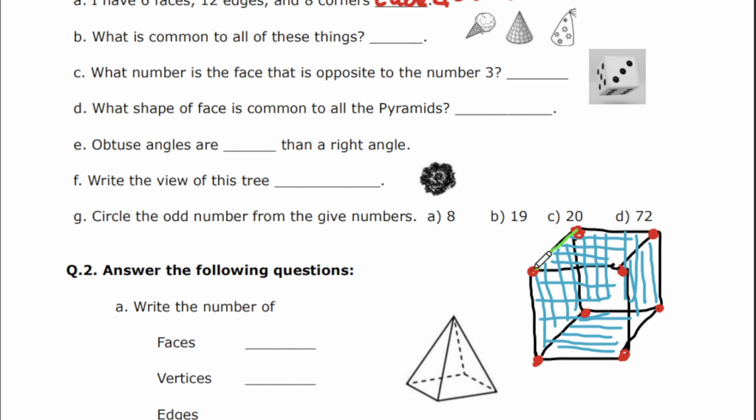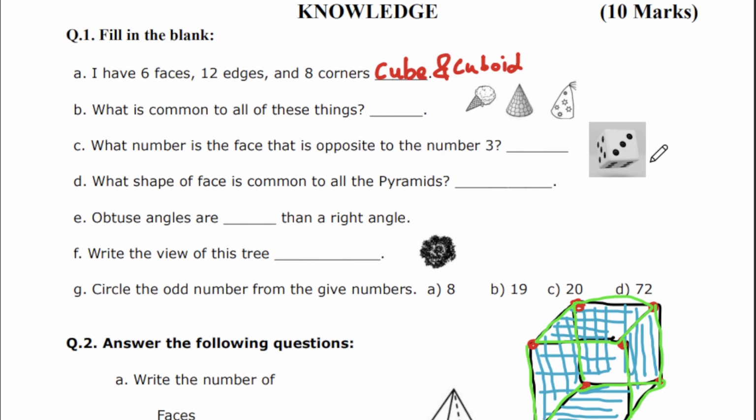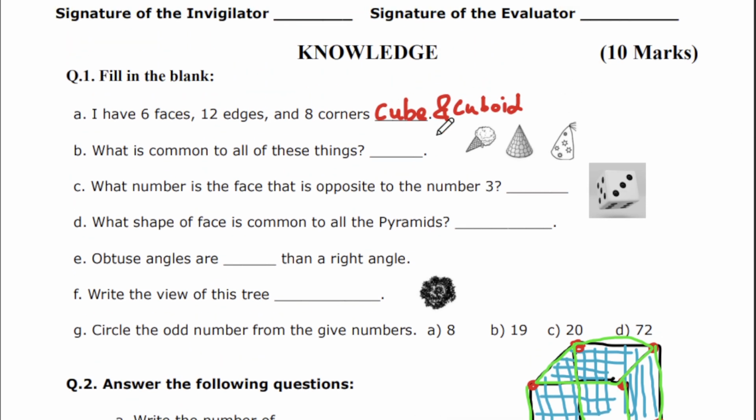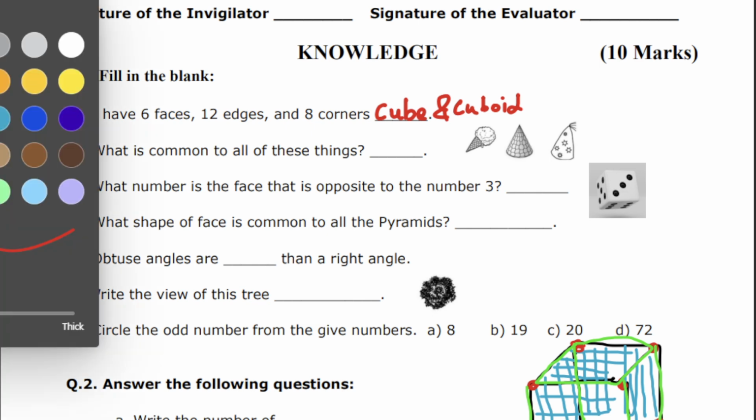So we have 1, 2, 3, 4, 5, 6, 7, 8, 9, 10, 11, 12. So 12 edges. So cube and cuboid both have the same property.